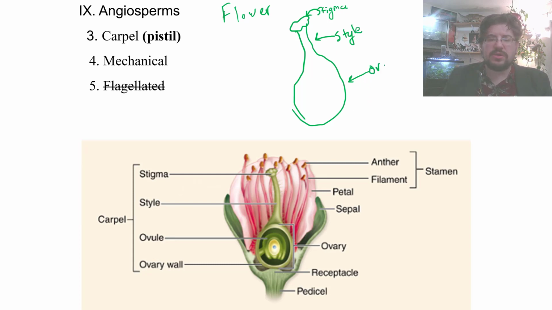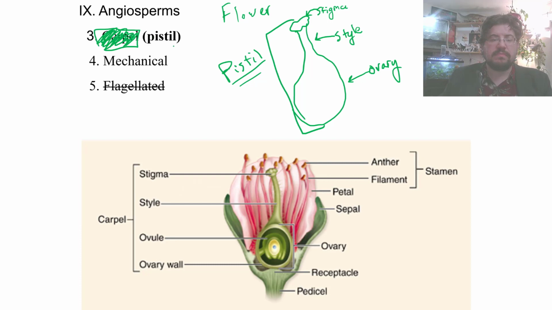And then the big structure enclosing the ovules is the ovary. This entire structure is referred to as the pistil. Right? Pistil is the more anatomically correct term. Carpel is used in a bunch of sources, but I hate carpel. Pistil.